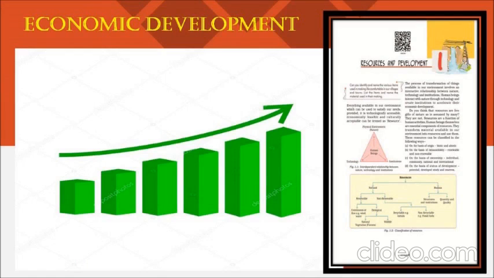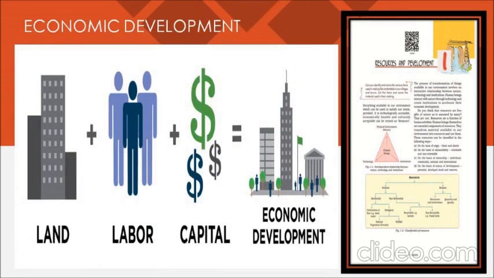What are the indicators of economic development? I hope children you must remember, you must have studied in your subject economics that what is economic growth and what is economic development. When we talk about the development, that means improvement. Improvement in what? Improvement in quality of life, improvement in living standards of the people.